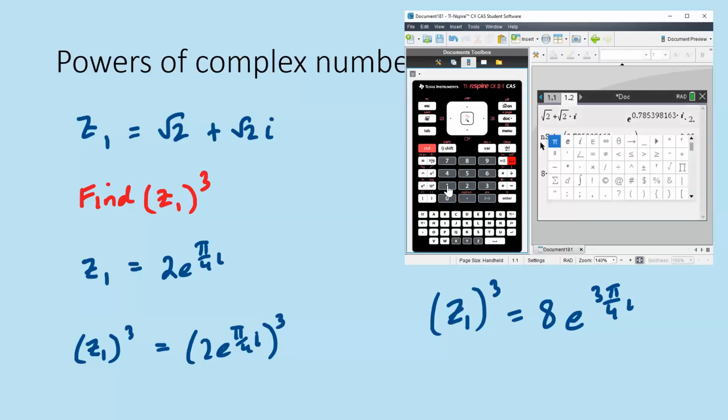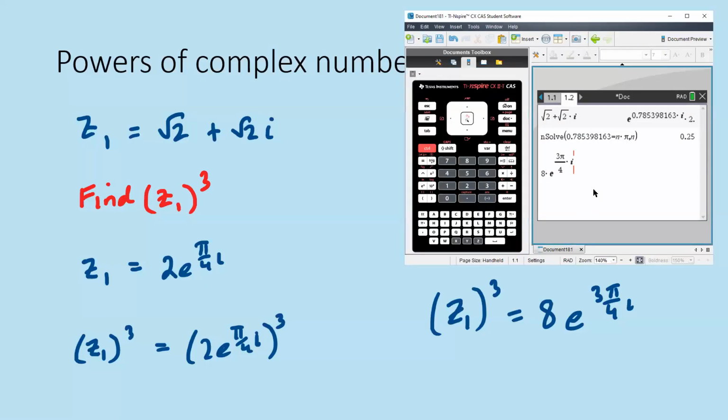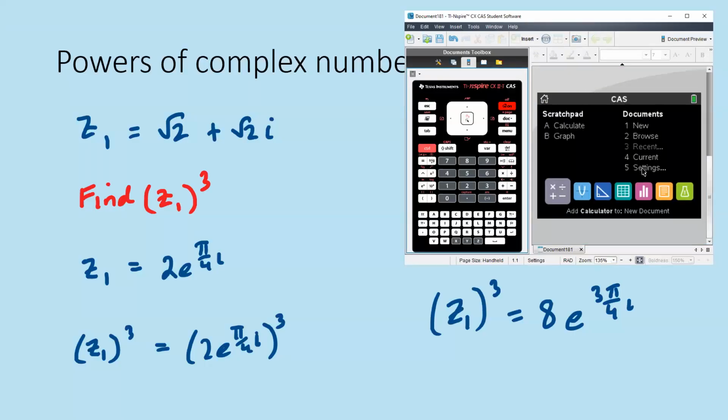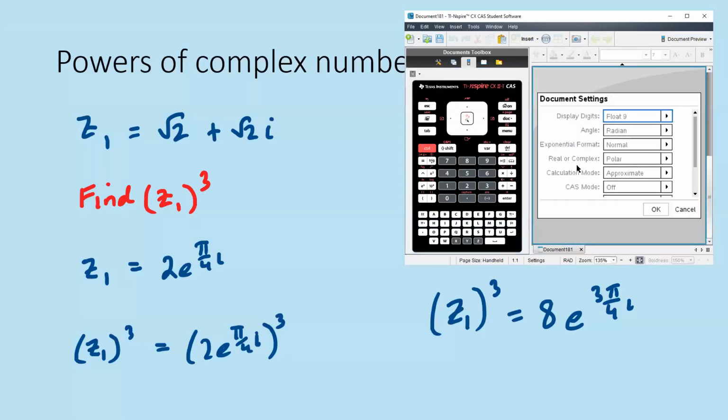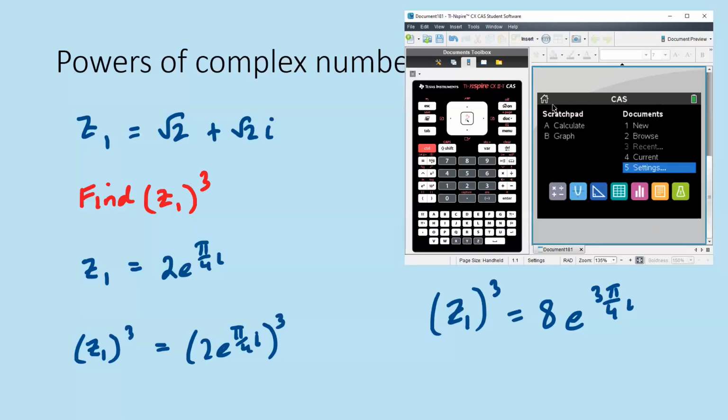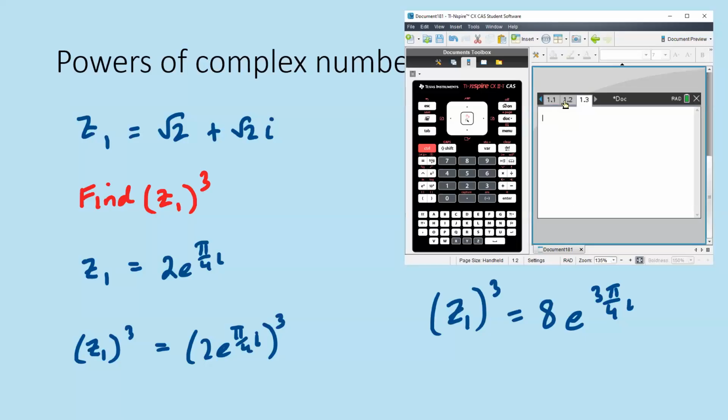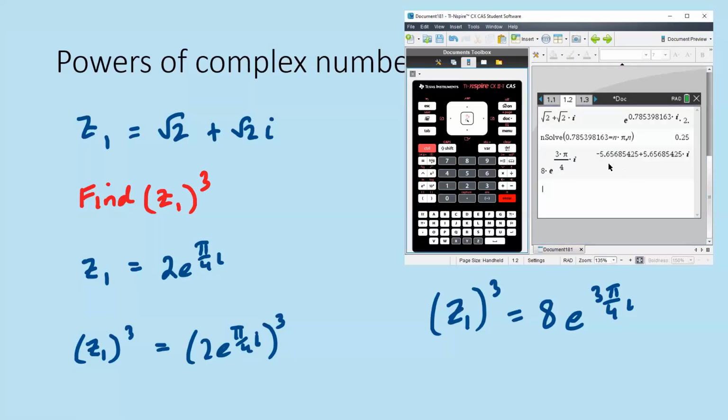And what we want to do is just convert that number back to rectangular form. So if I go back into the menu, documents, settings, document settings, now real complex, I'll change that back to rectangular form. Now it's going to convert anything into rectangular form. And this is where I've just written in this, remember, is z1 cubed. And if I just now press enter, you'll see it's given me my answer in rectangular form.